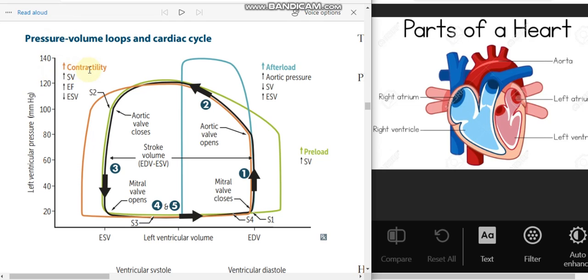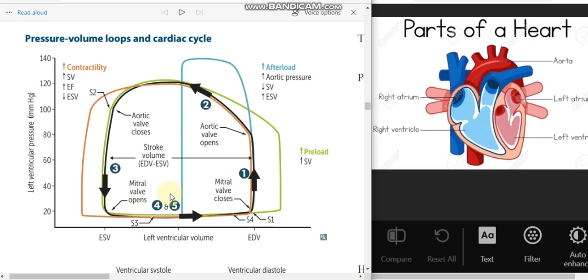Then is the contractility. When only the contractility is increased, for example due to exercise, which increases the stroke volume or the ejection fraction and decreases the end systolic volume, we have a graph that leads to a lower volume.